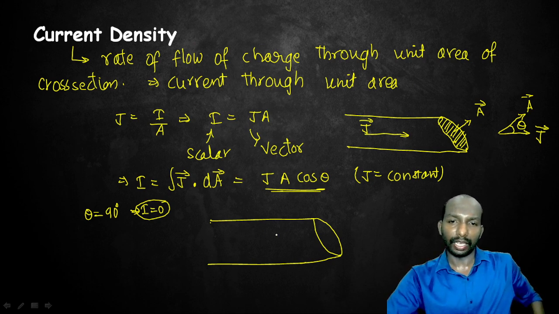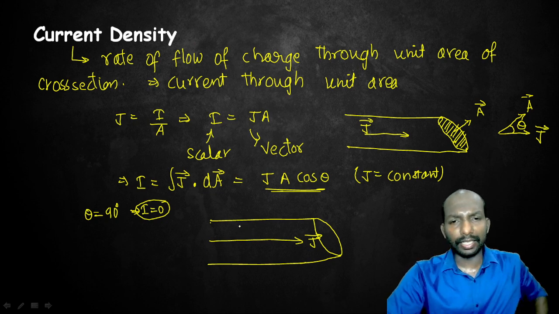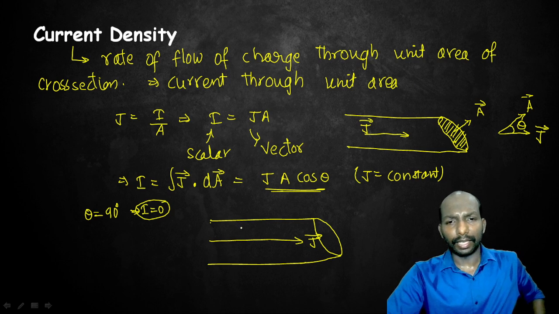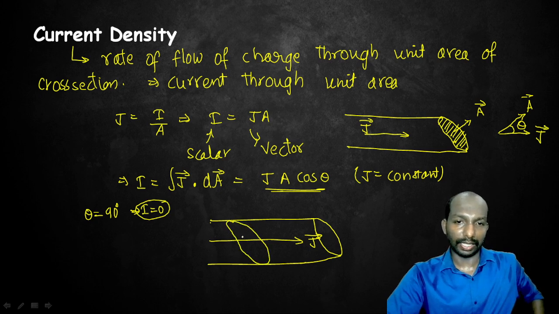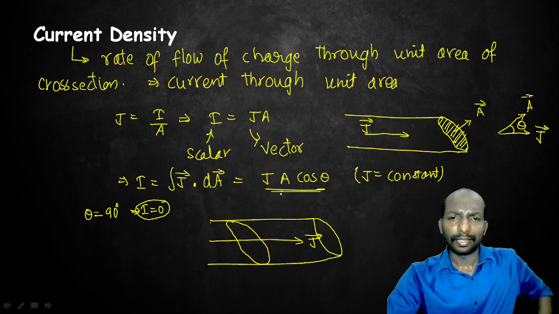If you consider the current density along the length of the conductor, now to find how much current is passing, not only perpendicular to the length of the wire, suppose I have taken this area of cross section. In order to find the electric current, we simply use J cos theta.